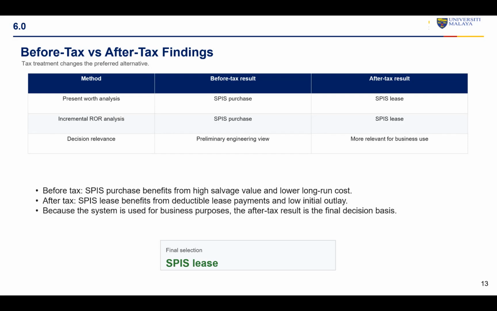The before-tax result is useful for preliminary engineering comparison, but the after-tax result is more relevant because the irrigation system is used for business purposes and taxes apply. Therefore, the final selection should be based on the after-tax analysis. The recommended alternative for the new irrigation system is SPIS lease.